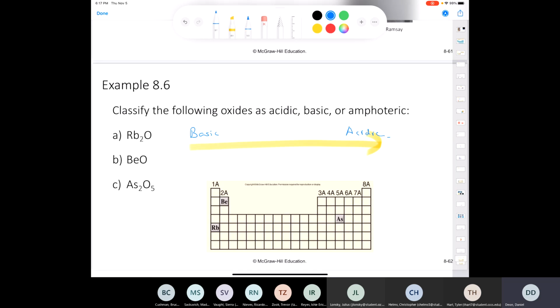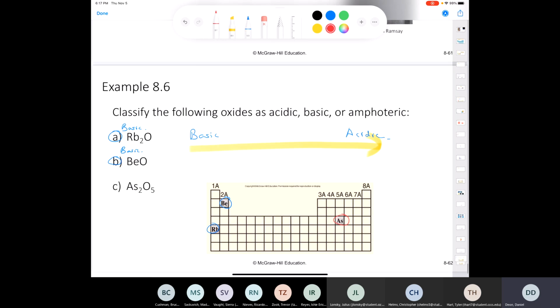And therefore, rubidium oxide, since it's on the far left, is going to be a basic oxide, as is beryllium oxide. And since arsenic is over in group 5A, on the right-hand side of the periodic table, it's going to form an acidic oxide.